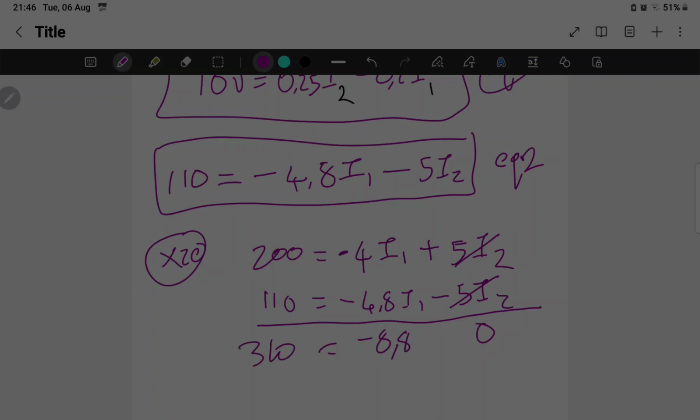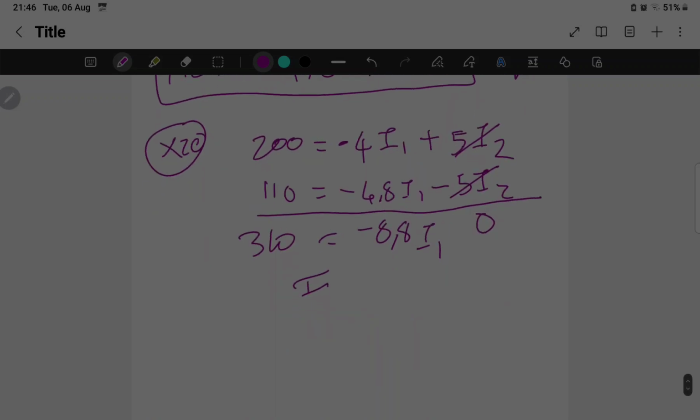And over here we have 310, and we're going to divide that to get our I1, which is 310 divided by negative 8.8 equals, we have an answer of negative 35 amps.